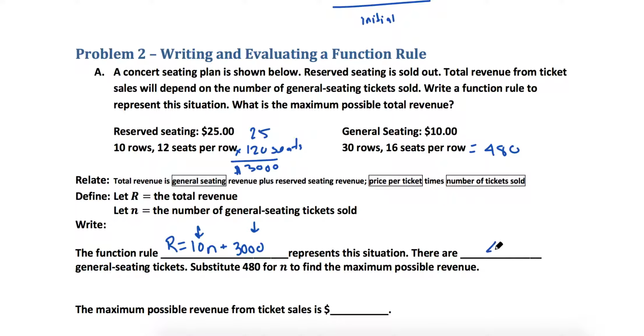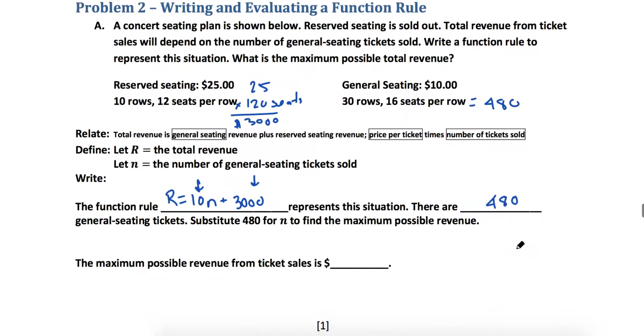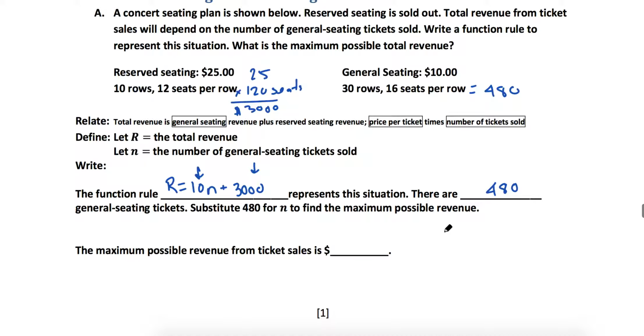There are a total, as we said, of 480 more seats in the general seating. So if we substitute in and we use R is equal to 10 times 480 plus our 3,000, we'll get R is equal to 4,800 plus 3,000, or we can say that there is $7,800 in total revenue that is possible.